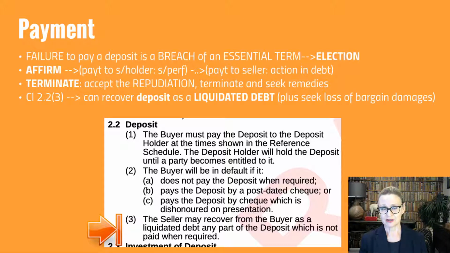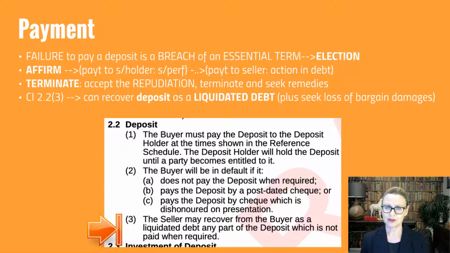If the seller decides to terminate, quite simply, you accept the repudiation, you terminate, and you seek your remedies there. Under clause 2.2 sub 3 of the REIQ contract, in this situation, it says that the seller can recover from the buyer as a liquidated debt, any part of the deposit which is not paid when required.